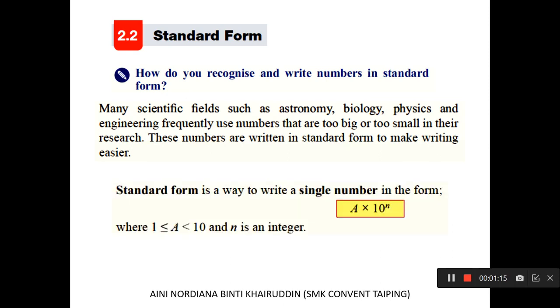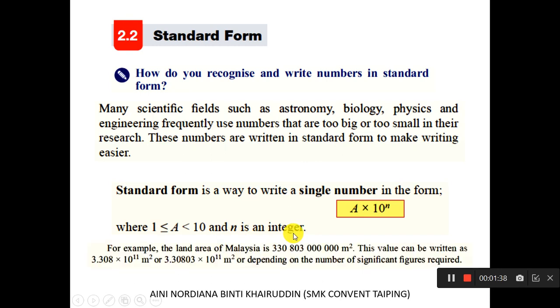So, standard form is a way to write a single number in the form of a times 10 to the power of n, where a is greater or equal to 1, but less than 10, and n is an integer, right?